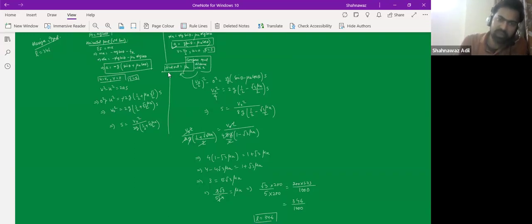Quickly note it down, because this portion you guys have noted it down. We have to just compare the distances, right? Both the situations, they are covering the same distance. So that was the idea of this question. Quickly note it down, and then we will solve the other question.